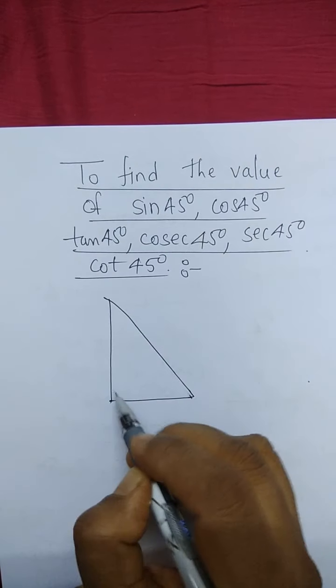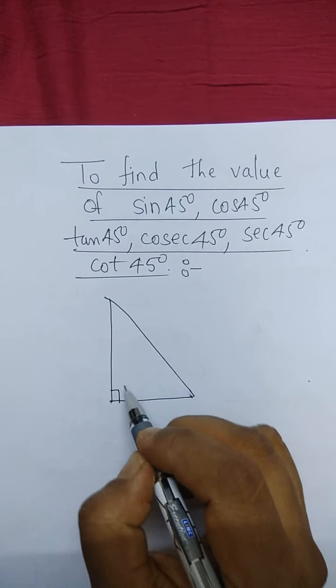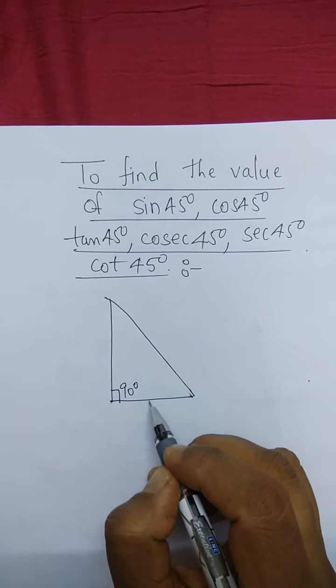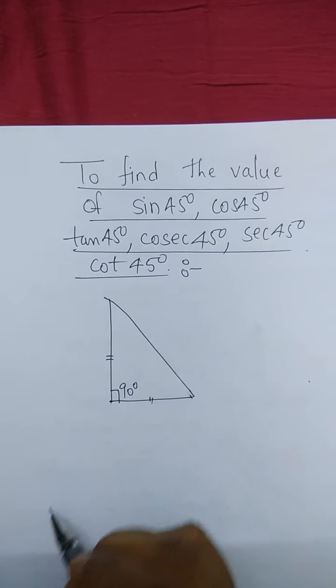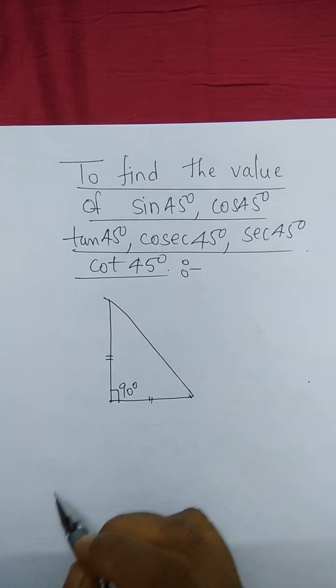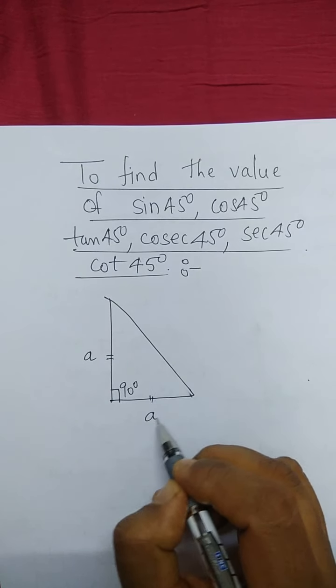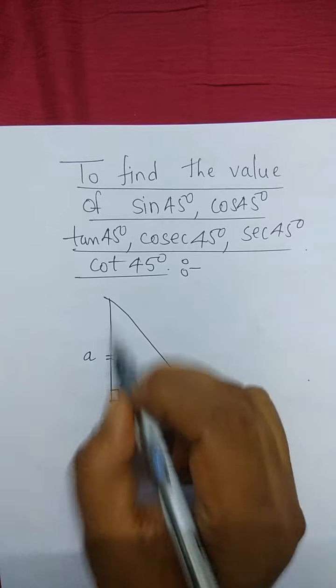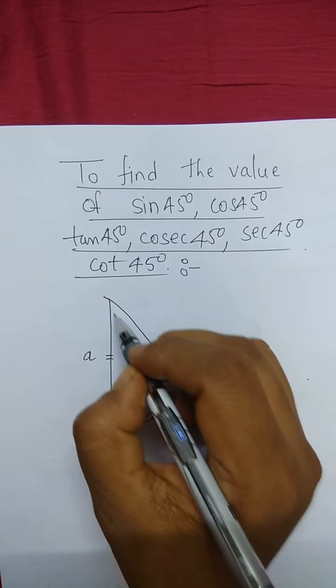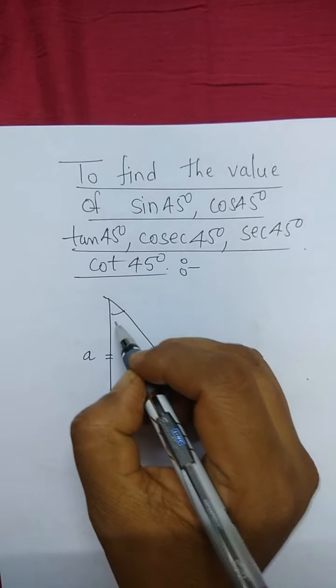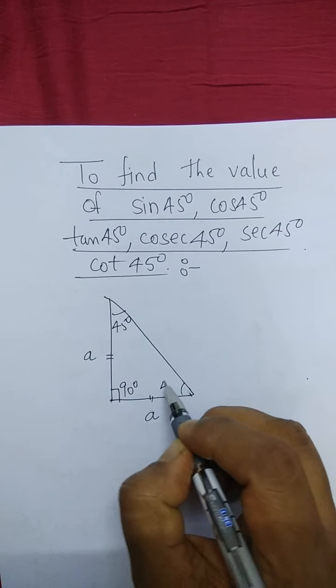In a right angle triangle, if two sides are equal, both the perpendicular sides are equal, suppose I take this side as a, this side also as a. If both these sides are equal, then angles opposite to them will also be equal. So each angle is 45 degree.